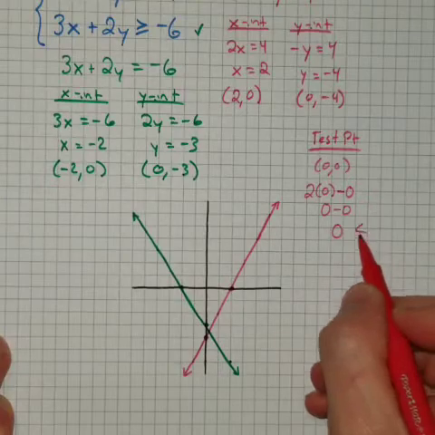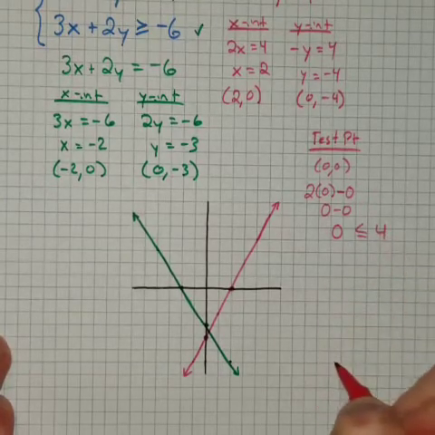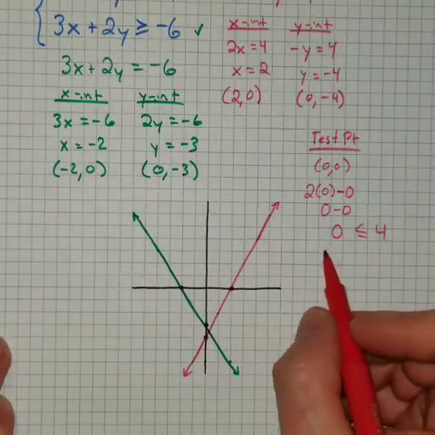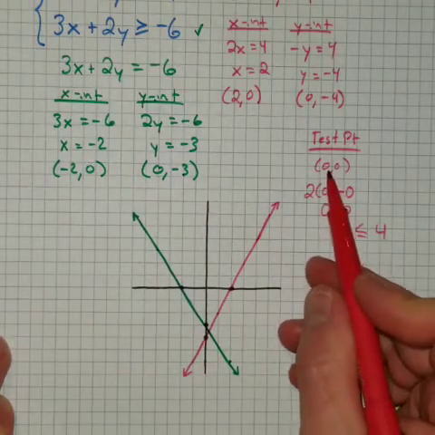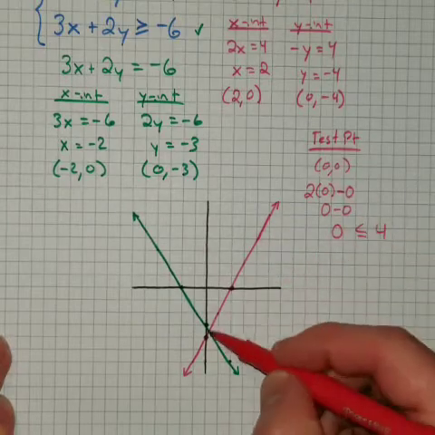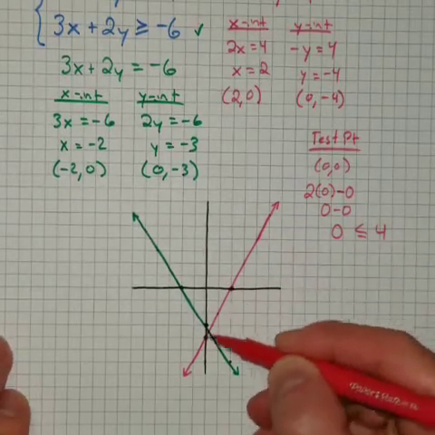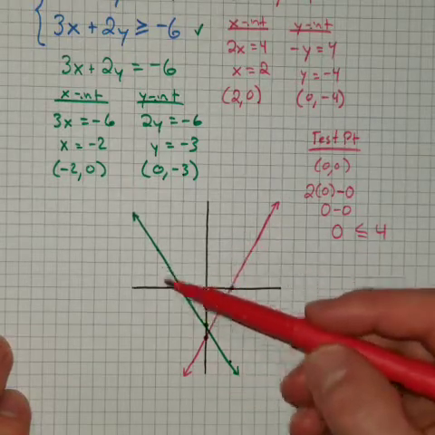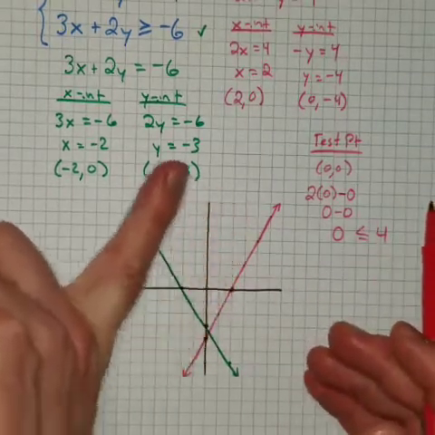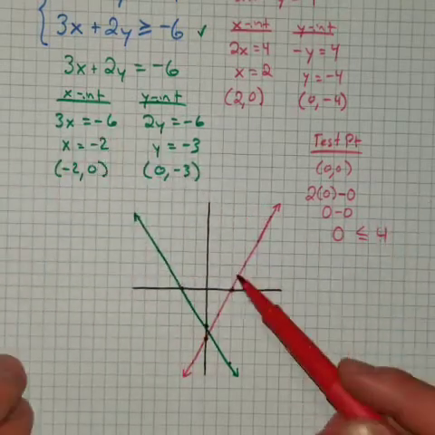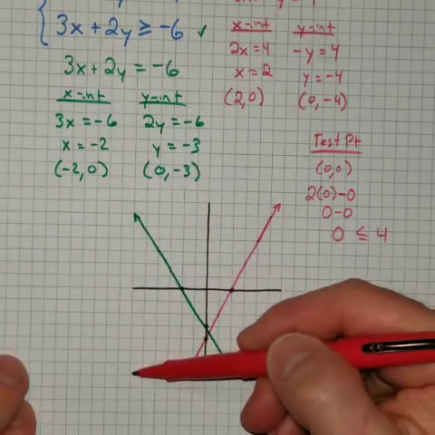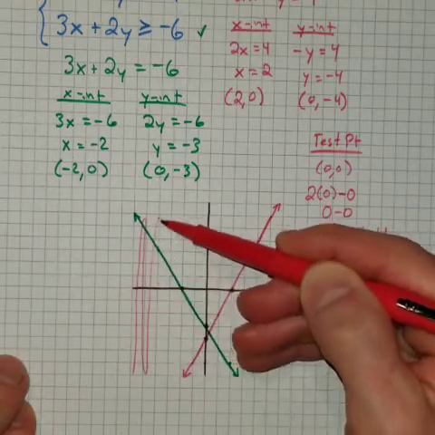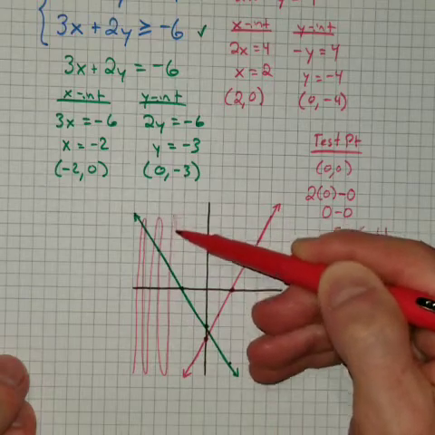And 0 is indeed less than or equal to 4, looking at the original inequality. So that's true, which means (0, 0) works. So I want to shade the side that includes (0, 0), which would really be all of this top left region. That's what we want to shade in, this whole area here. I'm going to do this kind of slowly.